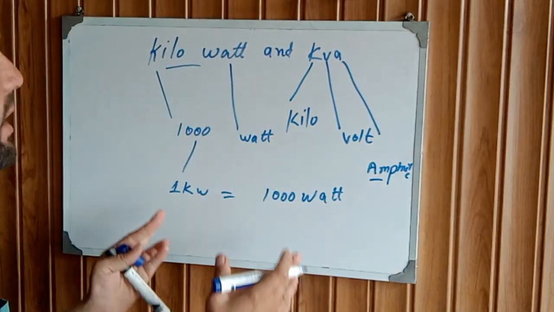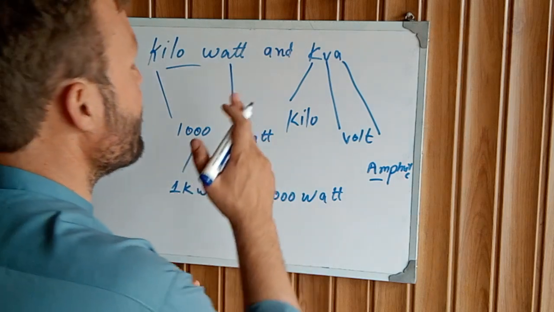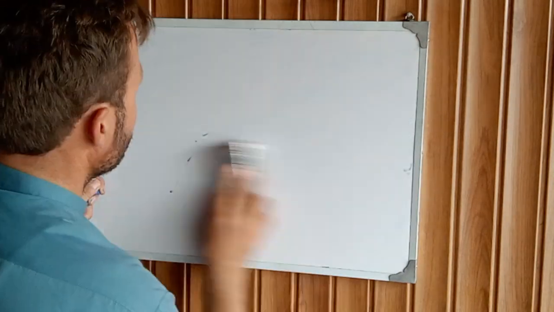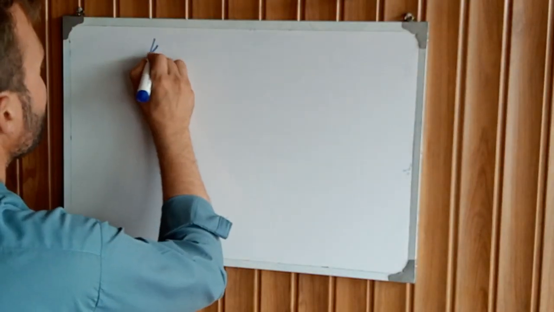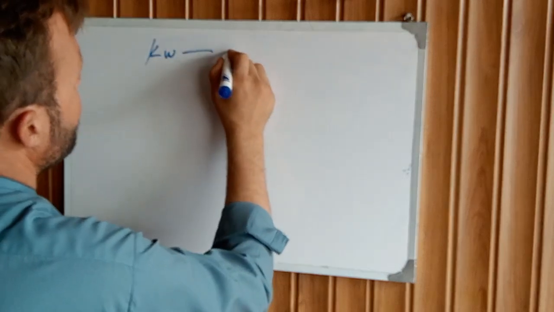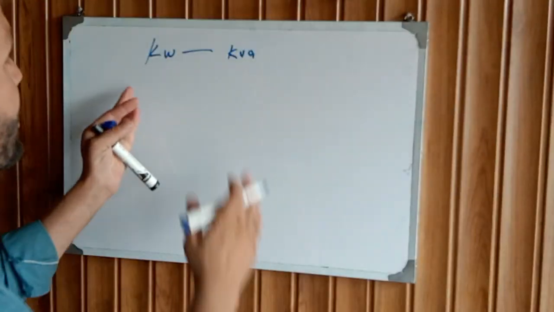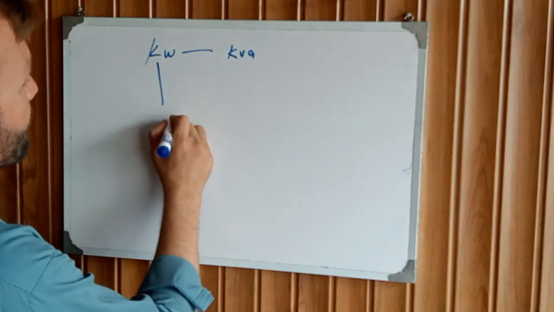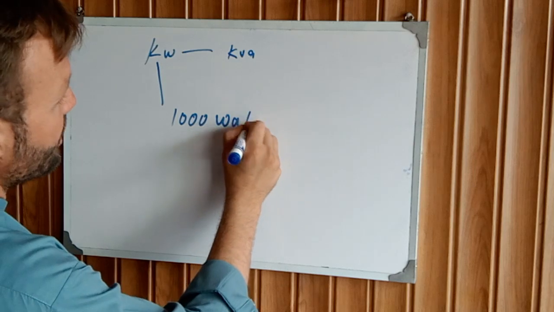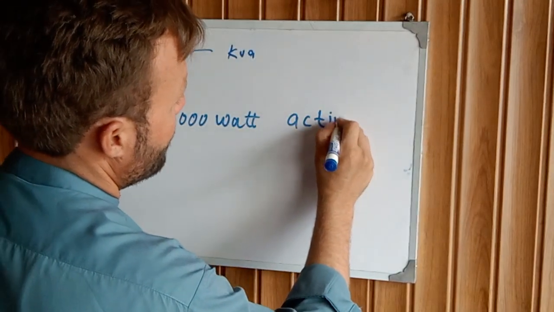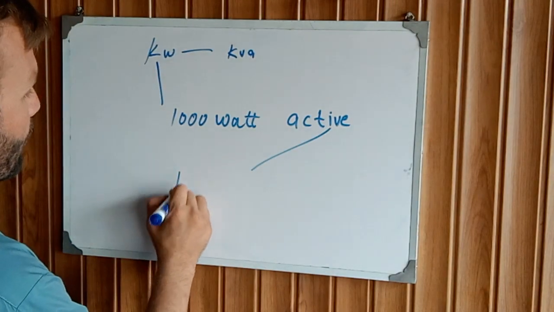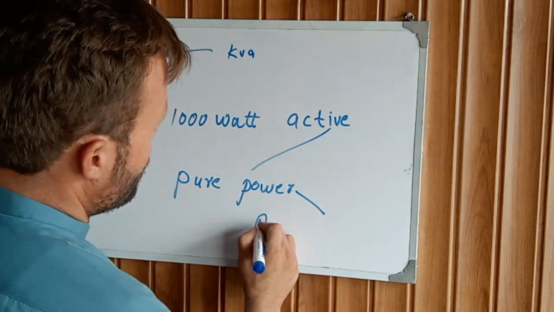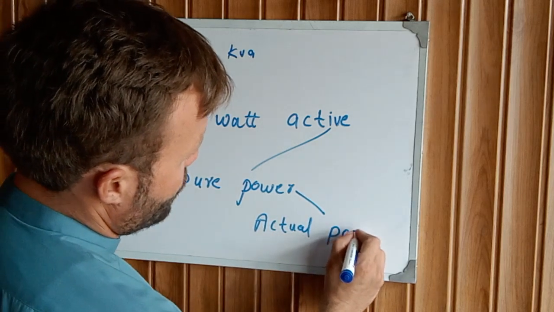What is the difference between kilowatt and kVA? Okay, now let's understand this. 1 kilowatt is 1000 watt of active power, which means actual power.